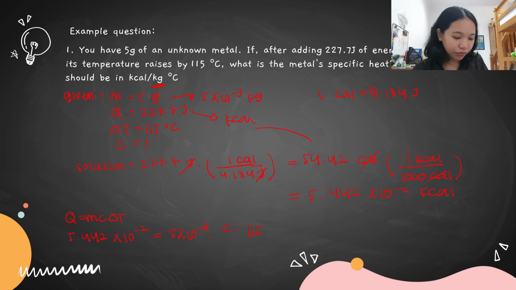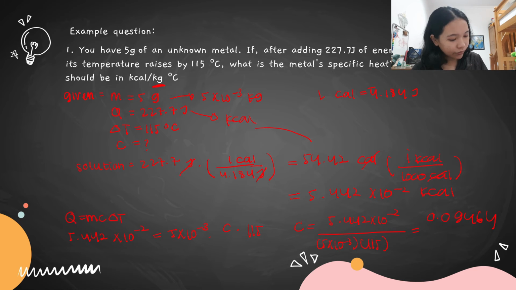Okay, you should do this on your calculator. So we are left with 5.442 times 10 raised to negative 2 over 5 times 10 raised to negative 3 times 115. Okay, so the answer should be 0.09464.